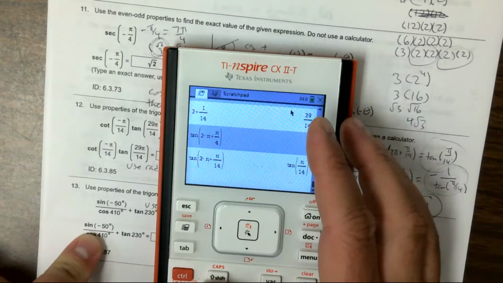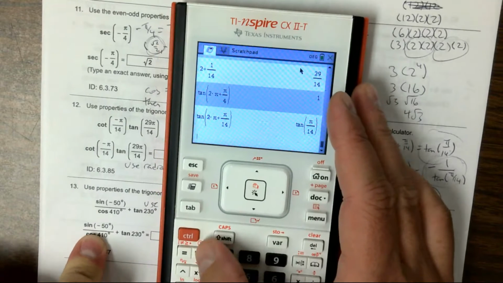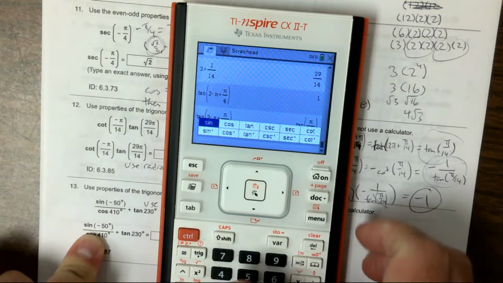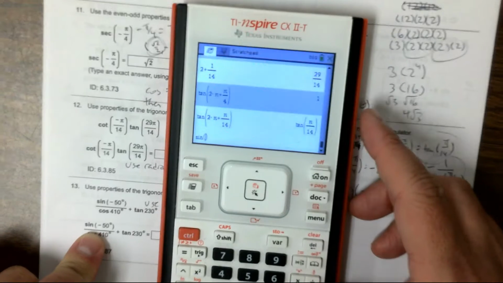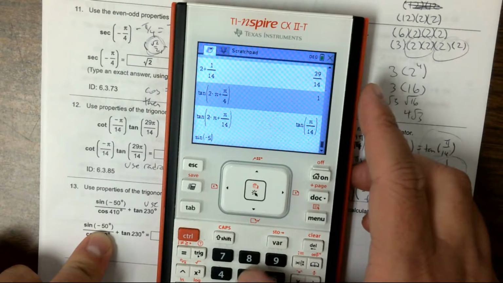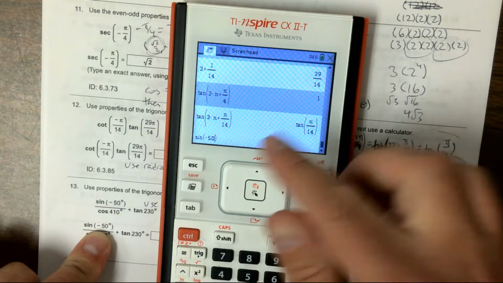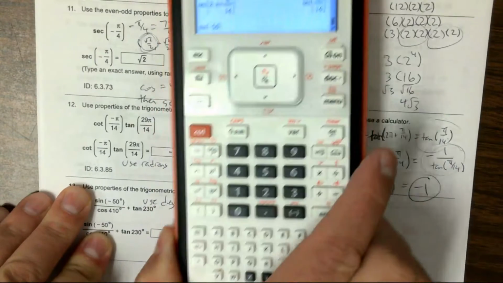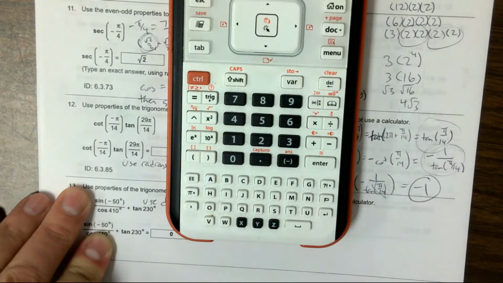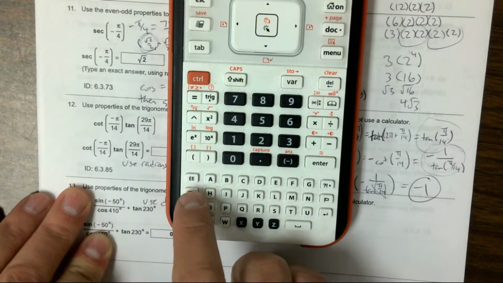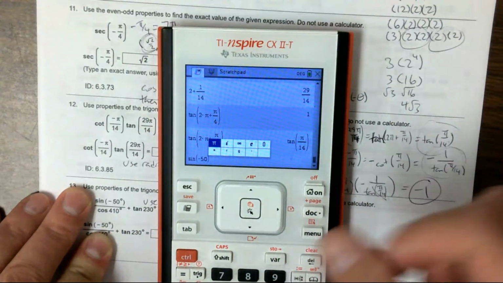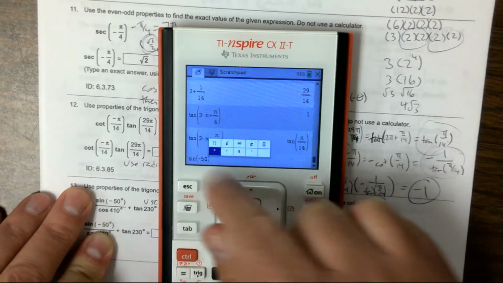So I press the trig button, which is right there next to the equal. So there, and then sine negative 50. Now, since I'm in degree mode, I don't really need the symbol, but I'll still put it just so you see where it is. You press the little pi button, which brings up a menu, and the degree symbol is right there.